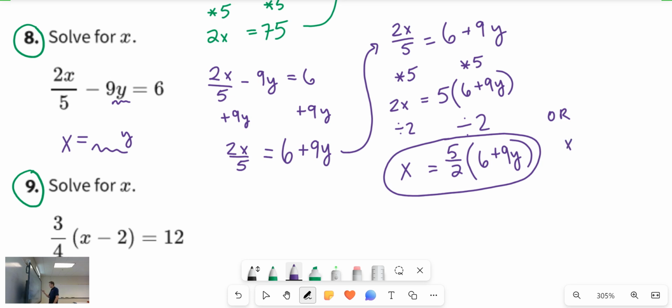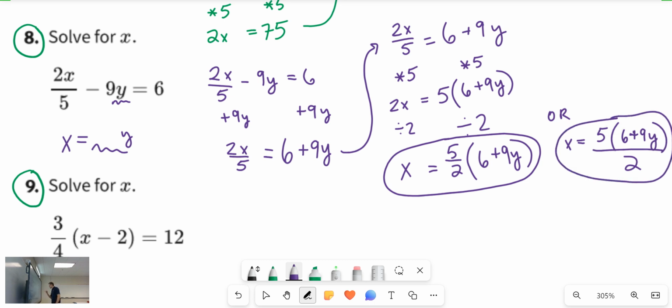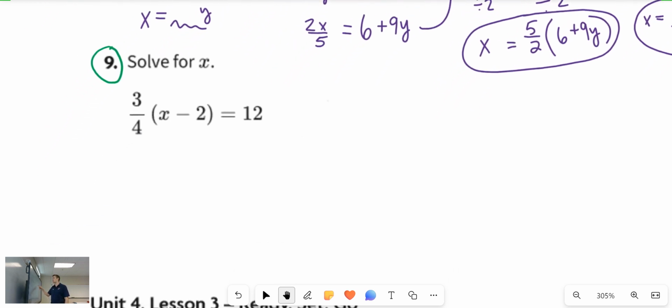So it could be x equals, we could have written it also as 5 times 6 plus 9y, divided by 2, right? This also would have worked. Either one of these would have worked. If you wanted to write it as 5 halves times the thing, or 5 times the thing divided by 2, they're going to be the same. It's really just personal preference, and what's your style? How do you want to write that?